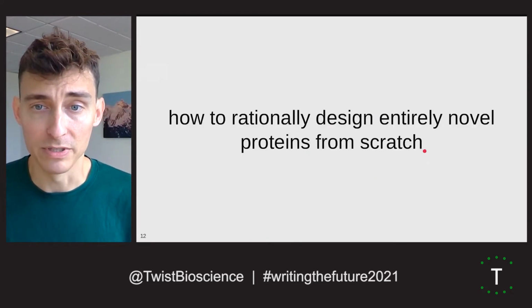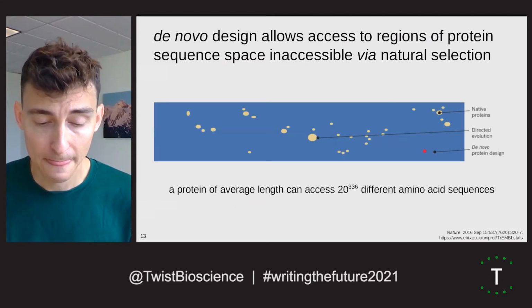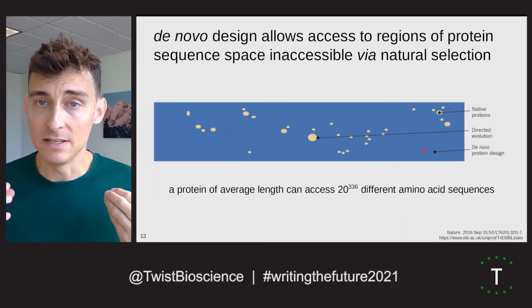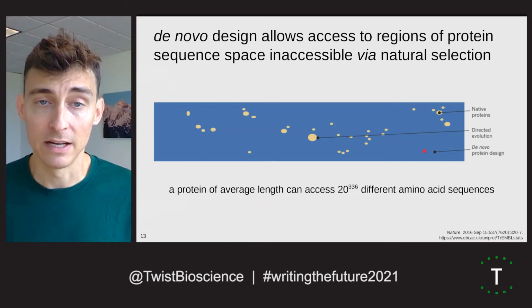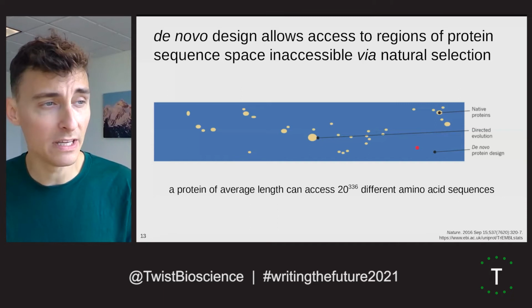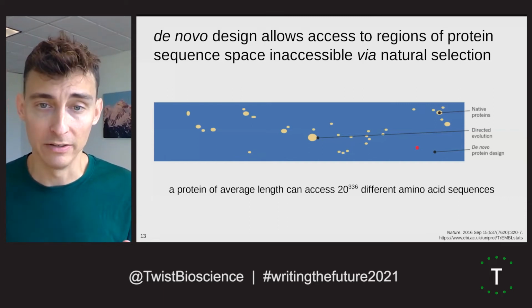So how do we build proteins totally from scratch? So we use computational design, and computational design is unique in that it lets you explore regions of protein sequence space that are otherwise inaccessible to natural selection. So if you think about it, proteins are related to each other evolutionarily, right?